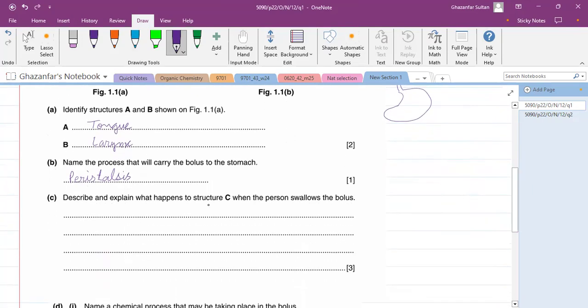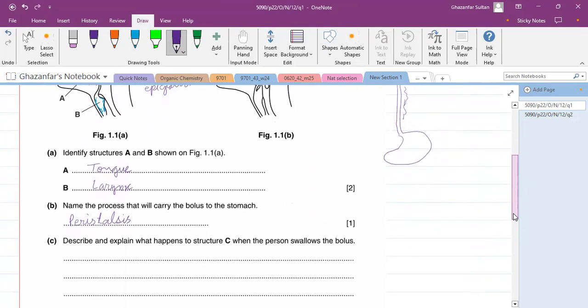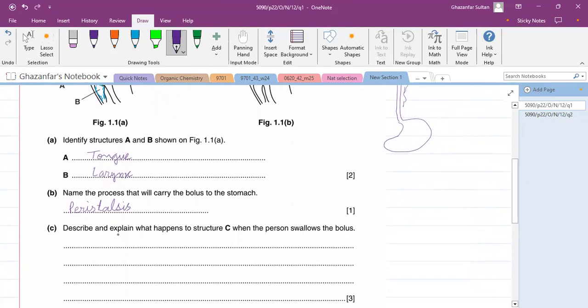Describe and explain what happens to structure C when the person swallows the bolus. Where is structure C? Structure C is this. This is epiglottis, and we have to describe and explain what happens to structure C when the person swallows the bolus.